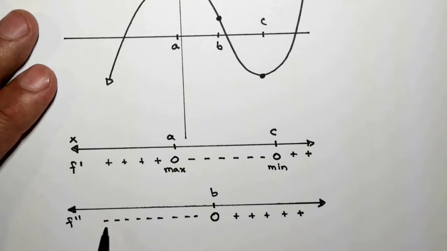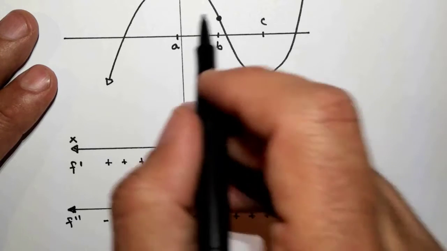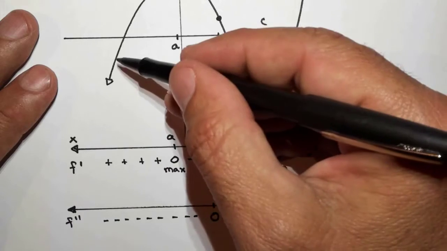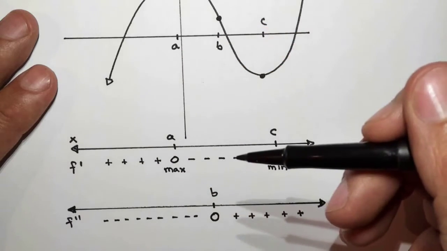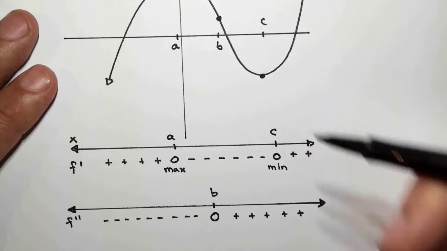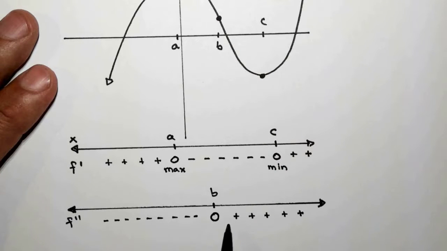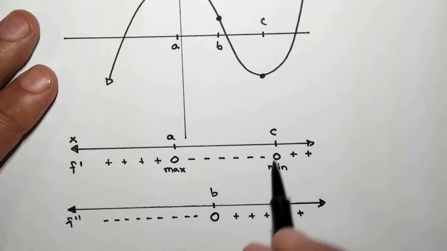And since that second derivative is negative, we know that the first derivative is actually decreasing from left to right on this interval, from negative infinity to b. The value of the first derivative is decreasing, so it is concave down. And then since the second derivative is positive, we know that the first derivative is increasing on that interval.